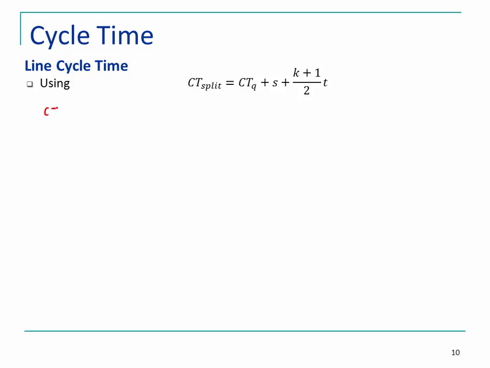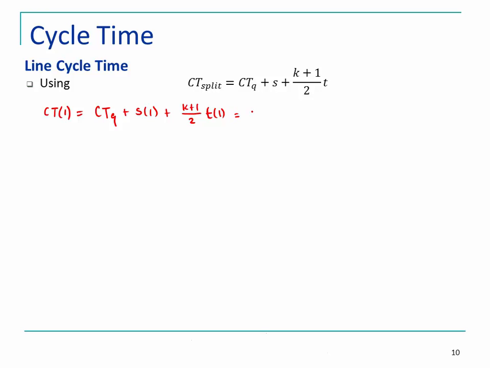CT1 is going to be equal to CTQ plus the setup for the first machine plus (K plus 1) divided by 2 times the processing time of that first station.